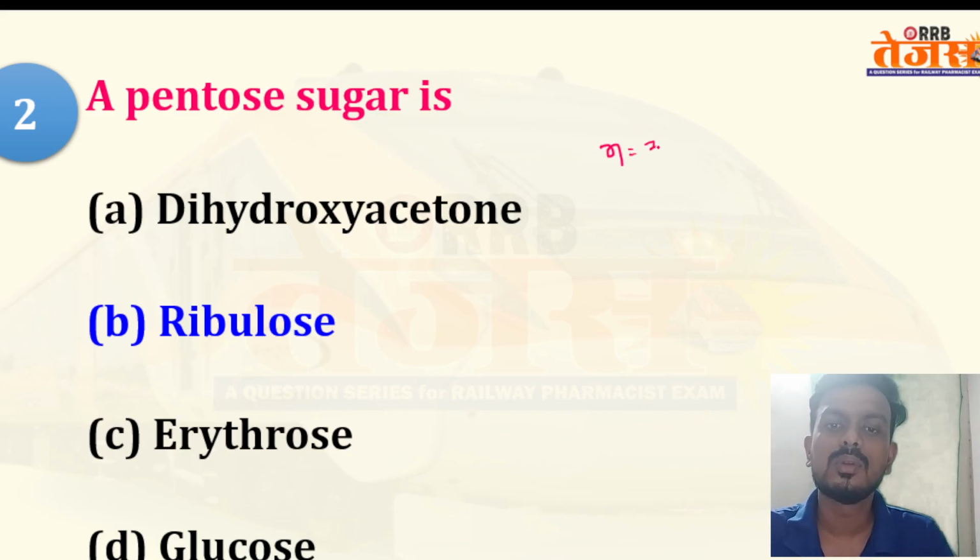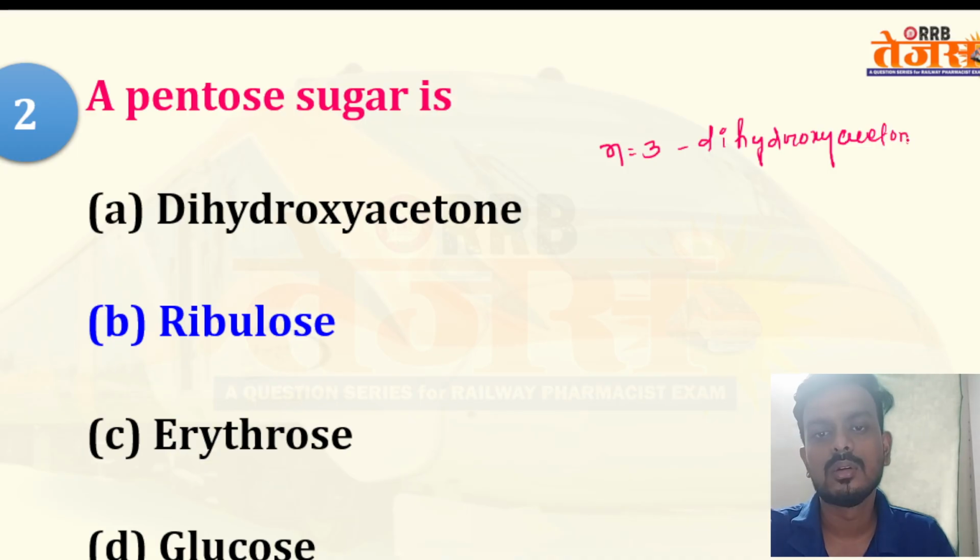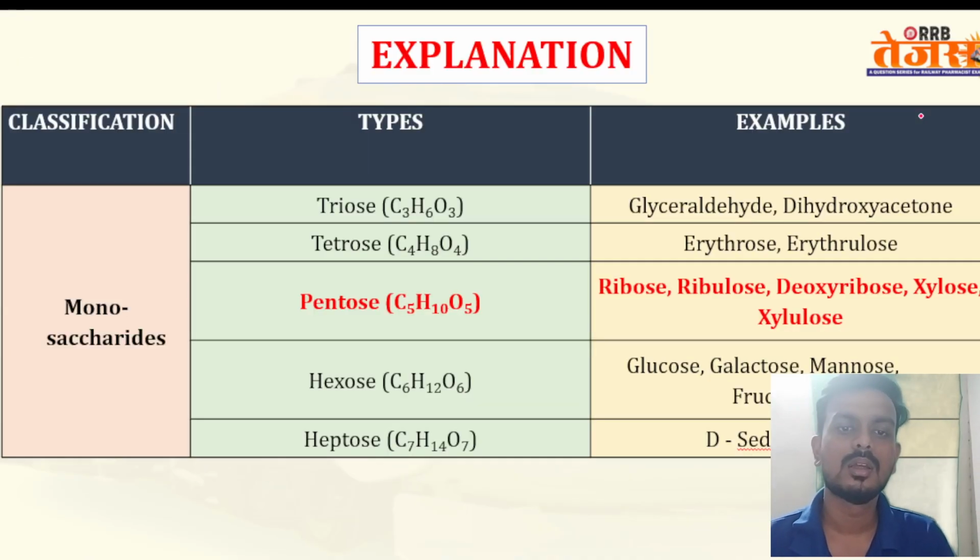When n equals 3, we call it a triose. Examples are dihydroxyacetone and glyceraldehyde.